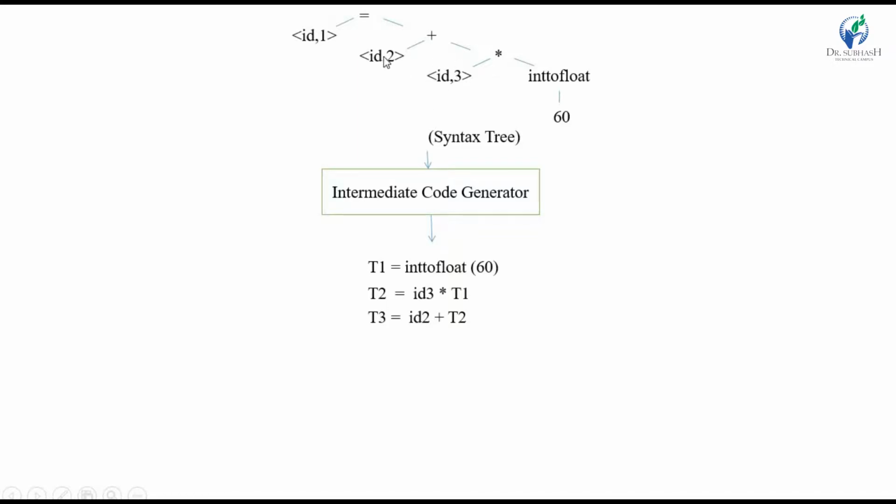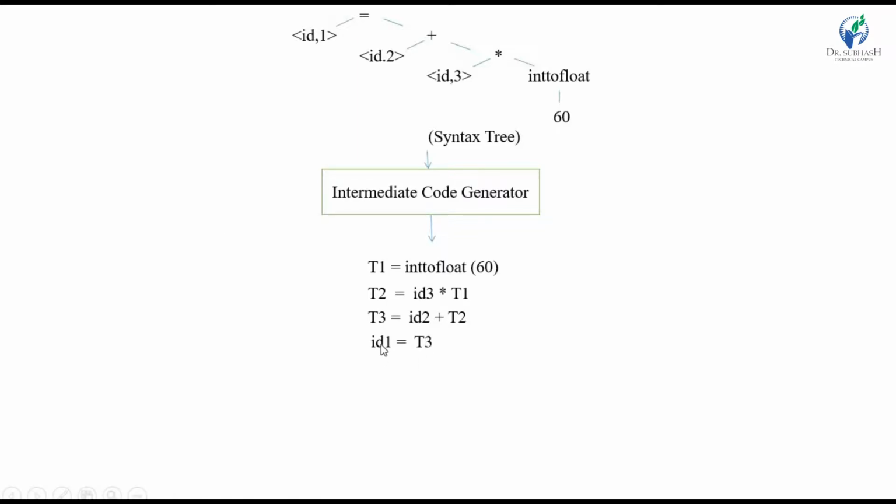So id2 plus T2 is stored in T3, but our result is stored in identifier 1. In this case we got our result in variable T3. So the value of T3 is stored in identifier 1. So the next step is id1 equal to T3.